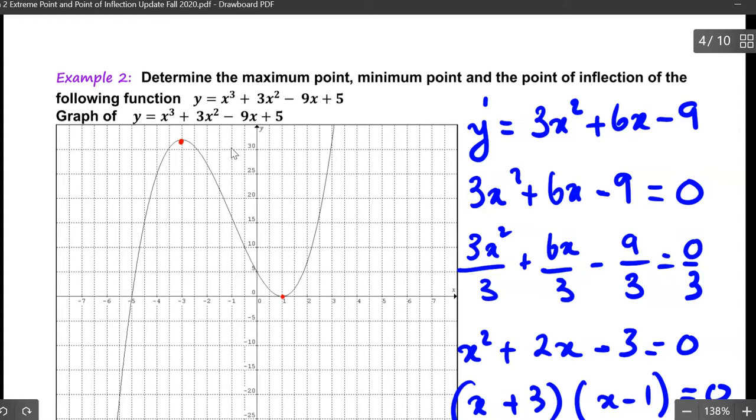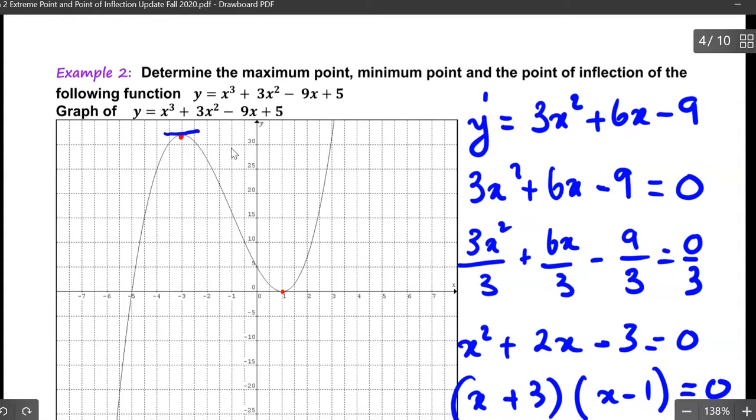At this horizontal line, the slope has to be equal to 0. So I set the slope equal to 0.